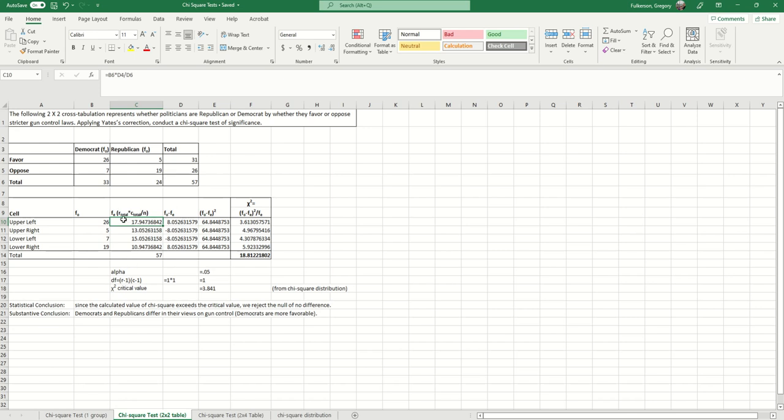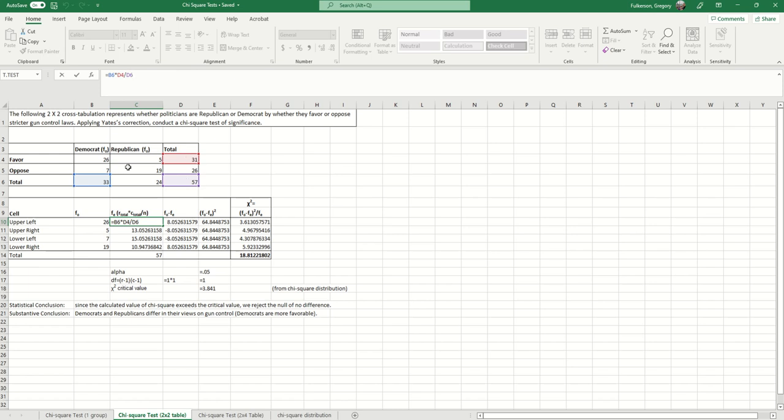Instead, you can see we need to multiply the row total by the column total and then divide by the sample size. So for the upper left, if I click on that formula, it highlights the relevant cells. So we're multiplying 33 by 31 and then dividing by 57.